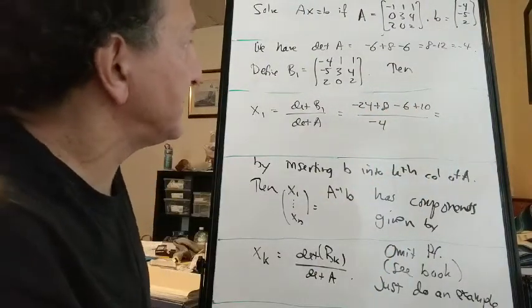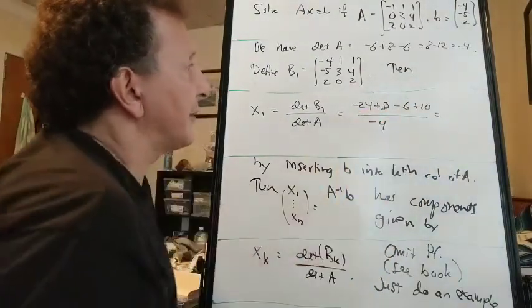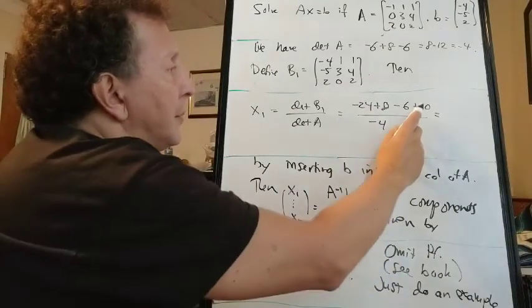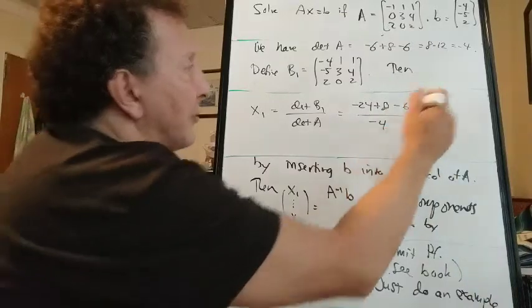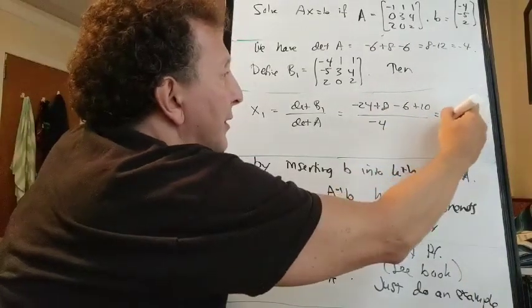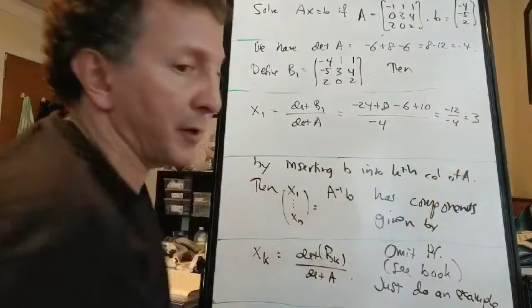So we've got negative 24 minus 6 is negative 30, plus 10 is negative 20, plus 8 is negative 12. Negative 12 over negative 4, we get 3.